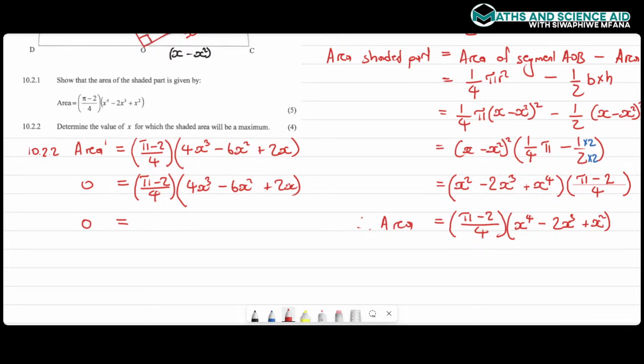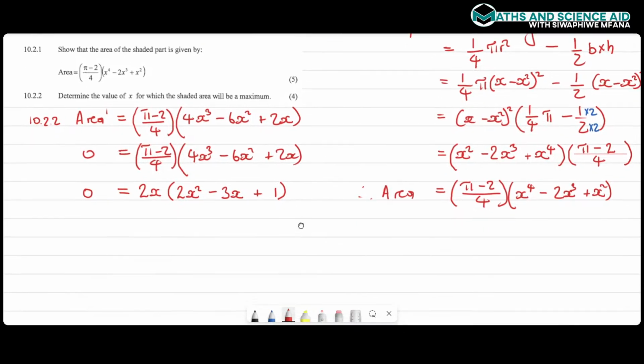So it's not just x that is a common factor, but it's 2x. So let's take out 2x as a common factor. Now this will be 2x squared minus 3x plus 1.